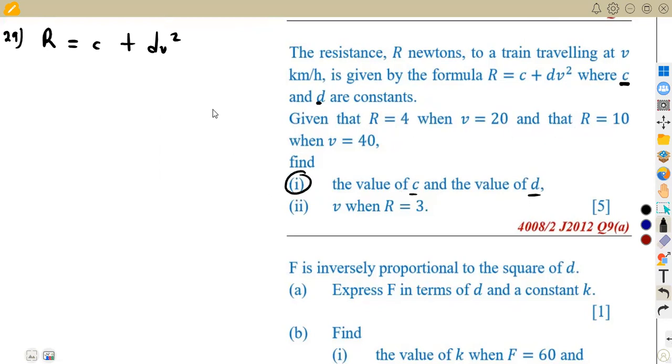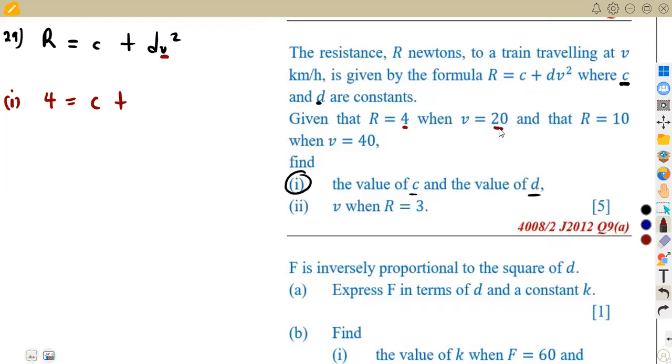You are just substituting on this one. You have the values of R and V, so you're just going to substitute, starting with the first one. R in this case is 4. So 4 is equal to C plus dV squared.